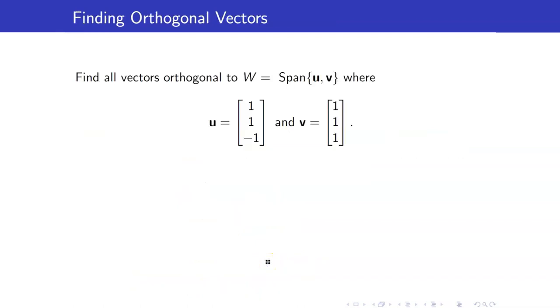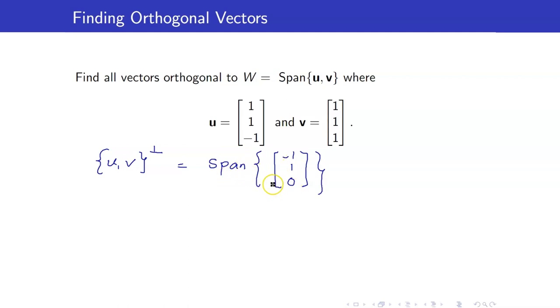So let me illustrate that by an example. So notice here that we want to find all vectors orthogonal to W, and W is the span of these two vectors here. We already computed the set of vectors orthogonal to both U and V, and we saw that it's equal to the span of -1, 1, 0.